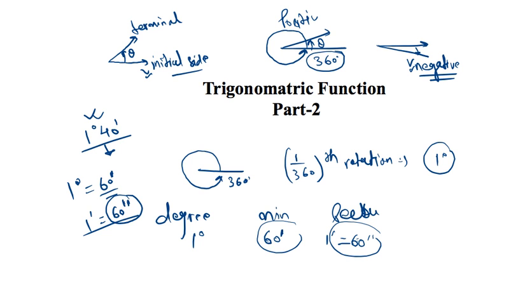Now one more unit for angles is there, called radian. Let's suppose I am taking a circle of 1 unit radius. When I make a full rotation, it corresponds to 360 degrees, correct?